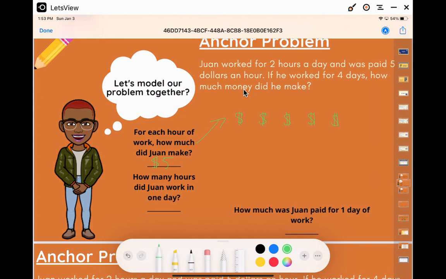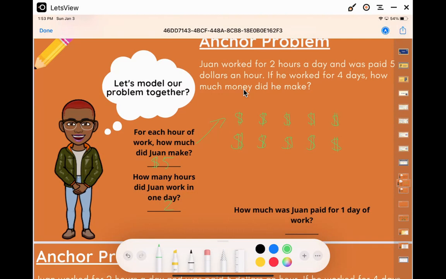Well, in our question, we said that he didn't just work for 1 hour, he worked for 2 hours. So the first picture showed me how much he made in 1 hour. If he worked for 2 hours, Juan would make another $5. And so if Juan worked 2 hours, as the problem told us, he would make an extra $5.